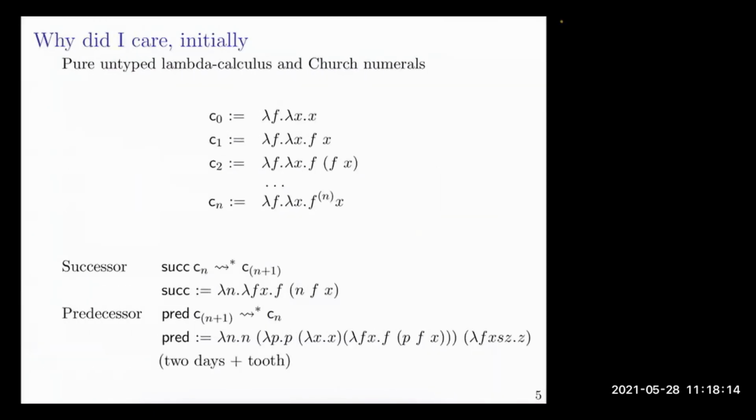Yes. The Church encoding is typable in simply typed lambda calculus for Church numerals. Are all of your predecessors typable too, or are some of them not typable? No, it's actually proven that predecessors are not typable in simply typed lambda calculus.